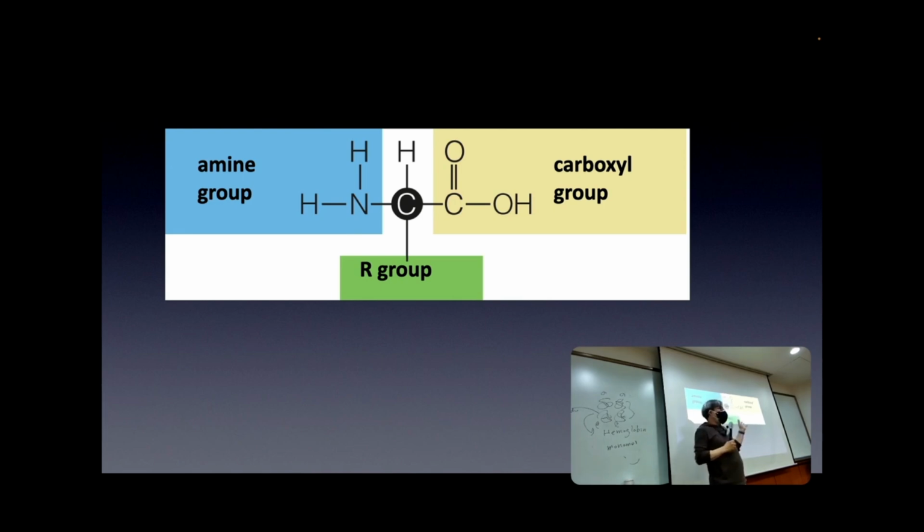That means you can have so many different amino acids existing in nature, maybe several hundred if you look carefully. But among them, only 20 particular amino acids participate in building your proteins.